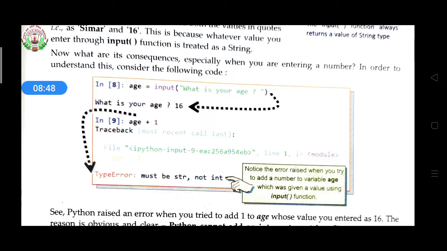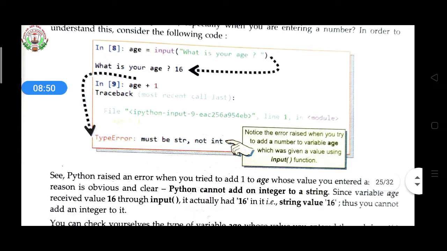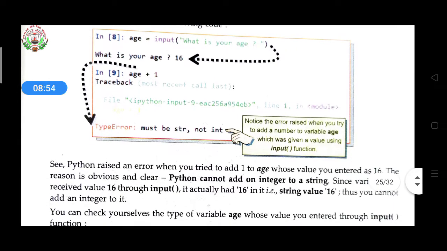You are not supposed to add an integer, because you are reading with the input function. Python raises an error when you try to add 1 to age whose value you entered as 16.